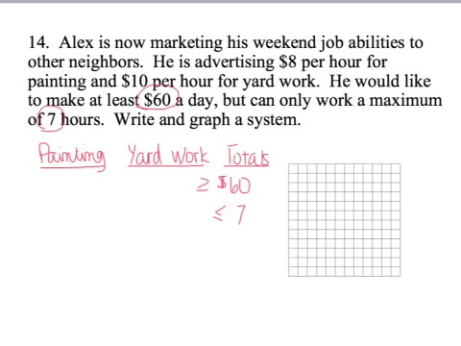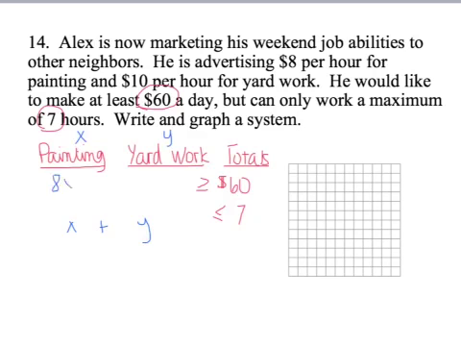Okay, so X is going to represent the number of hours painting. Y is going to represent the number of hours doing yard work. And if I combine the number of hours painting with yard work, that's my first inequality. X plus Y is less than or equal to 7. Now, as far as the money inequality goes, he does $8 per hour painting.